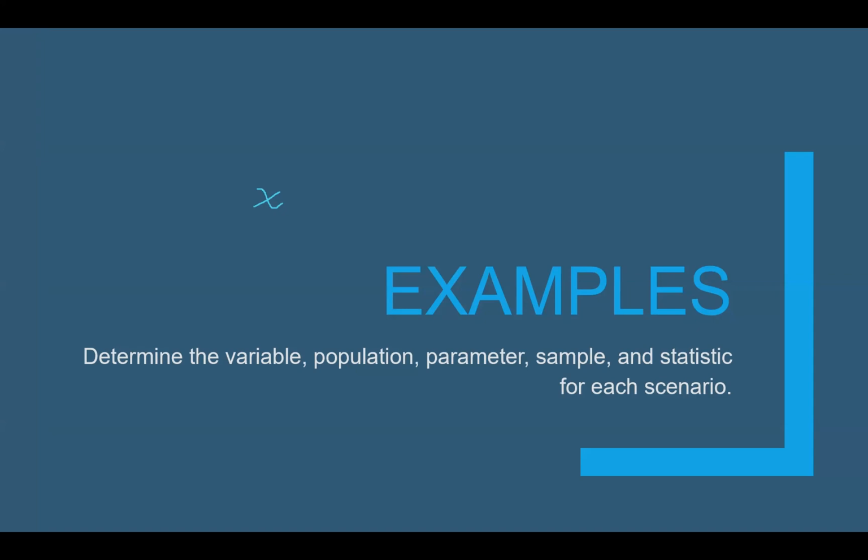In these problems, you're going to be given a scenario and asked to identify the variable, the population, the parameter, the sample, and the statistic. And guys, I would tend to do them in that order. I would identify the variable first, then my big picture focus, what my measurement was going to be, what my sample is going to be, the small group, and then the measurement for that group. So I would do them in that order.